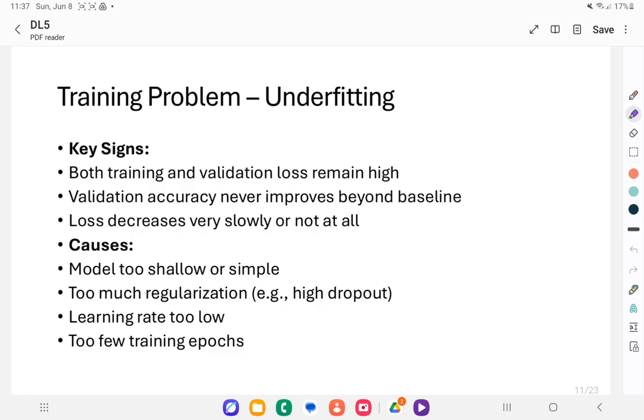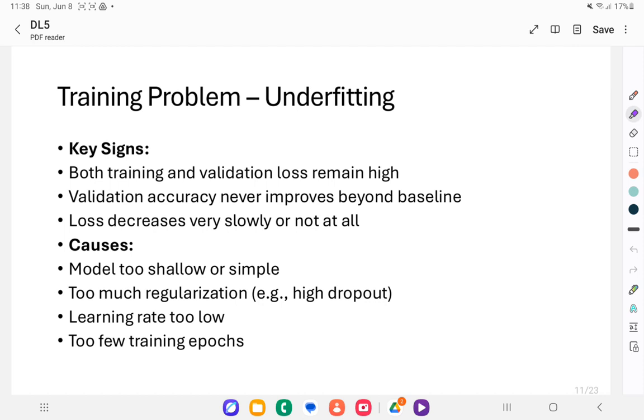Sometimes even when the training is not long enough, let's say you don't use enough epochs, you don't wait for enough epochs, that also may lead to underfitting. A very low learning rate can also make the optimizer crawl, which gives the impression that the model isn't learning.